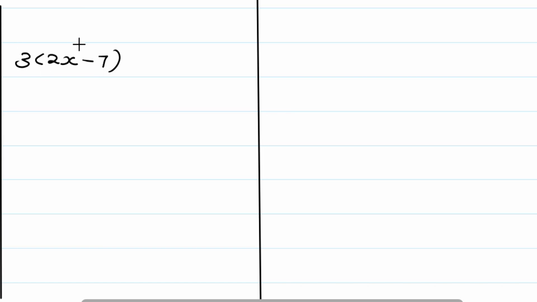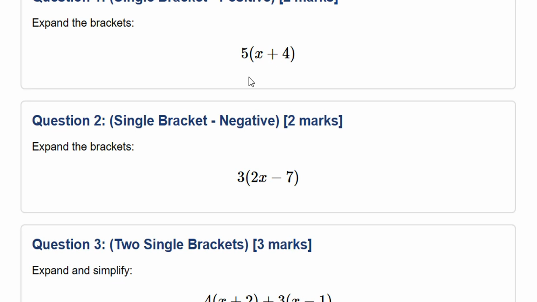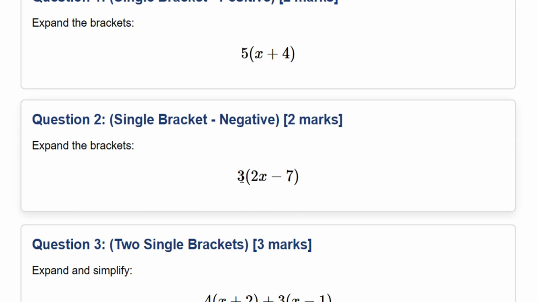So for example, we have 3, then inside the brackets we have 2x minus 7, so it will be 3 multiplied by 2x, which is 6x, then minus 3 multiplied by 7, which is 21. And that becomes the solution for this question.